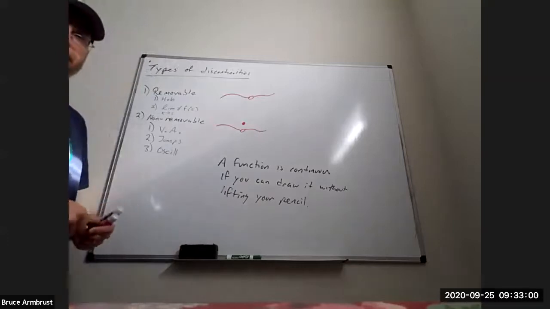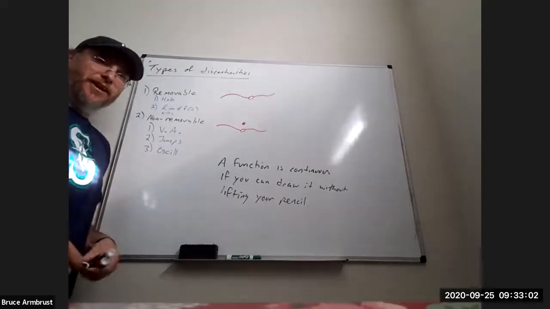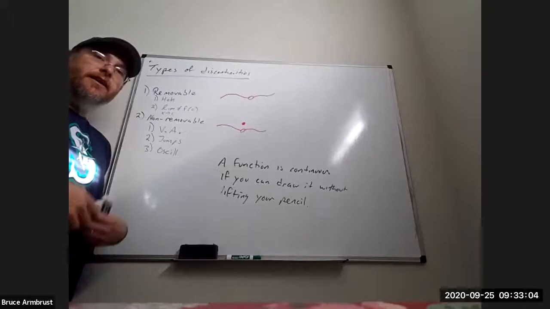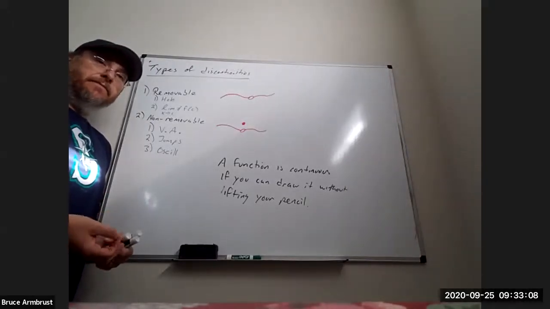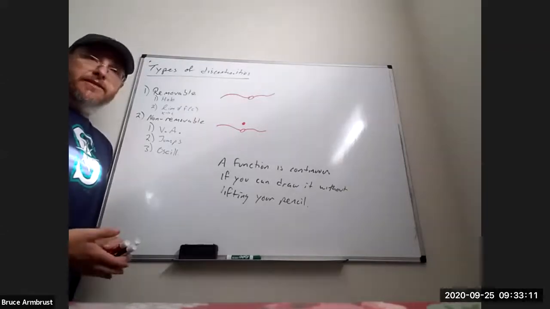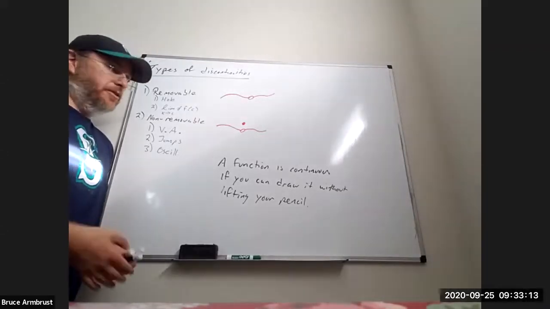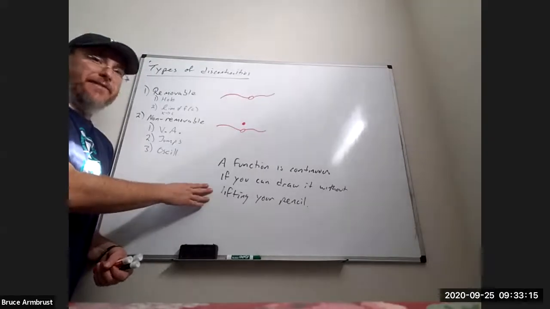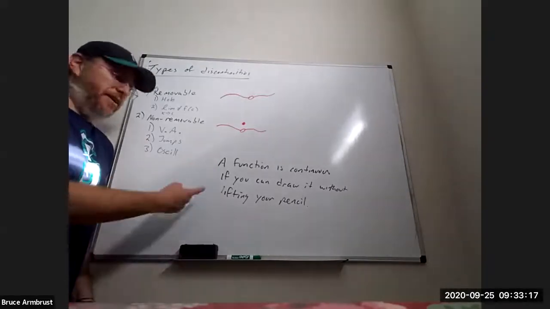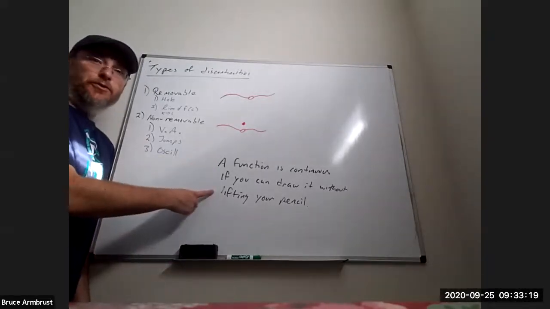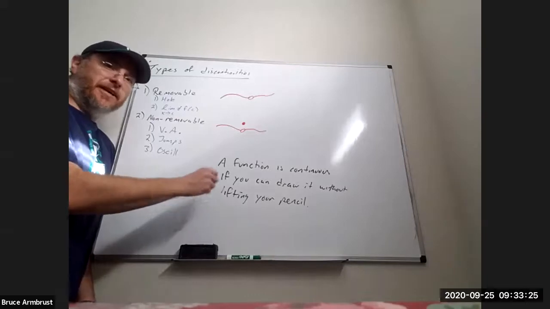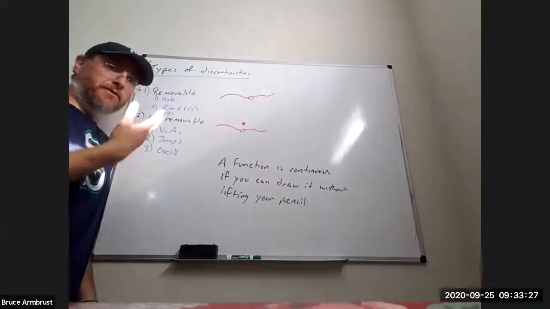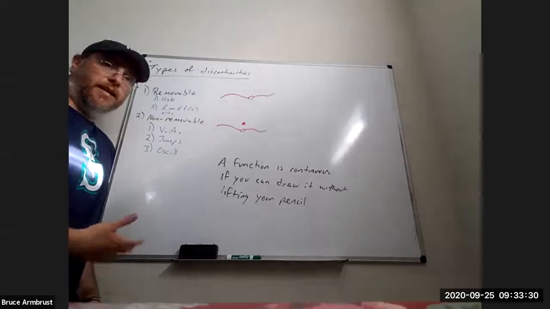If you don't like pencil, then pen, paintbrush, crayon, whatever you're using to draw it. But if you can actually draw it without lifting your pen or your pencil, then it is continuous. Okay, so you see what I'm saying? It's very non-mathy. You can explain this to a child, right? Go to grade school, say, hey, if you can draw it without lifting your pencil, we call it continuous. Okay, cool, I get that.